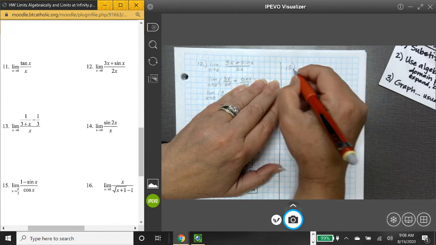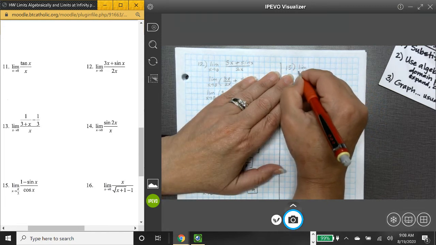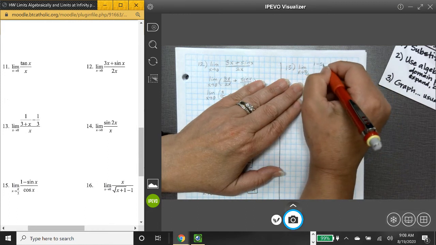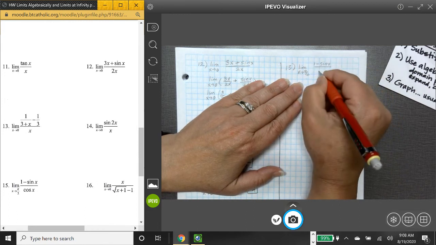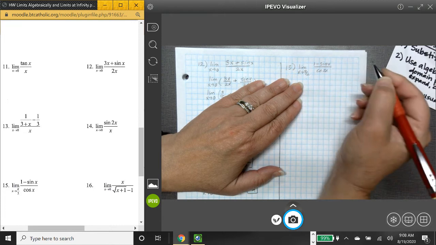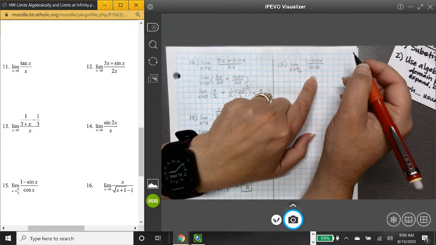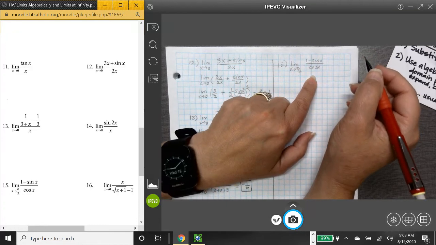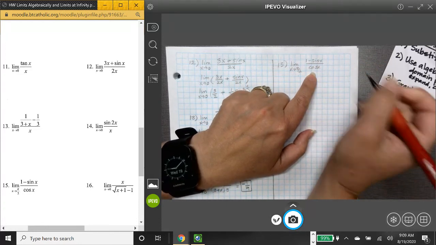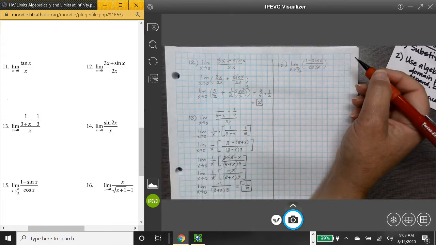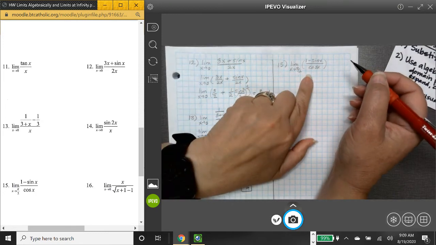Number 15, the limit as x approaches pi over 2 of 1 minus sine x over cosine x. Now, the cosine of pi over 2 is 0, so I can't have a 0 in the denominator. Now, back when we were doing trig identities and we wanted to change things around, we used the conjugate with trig functions.